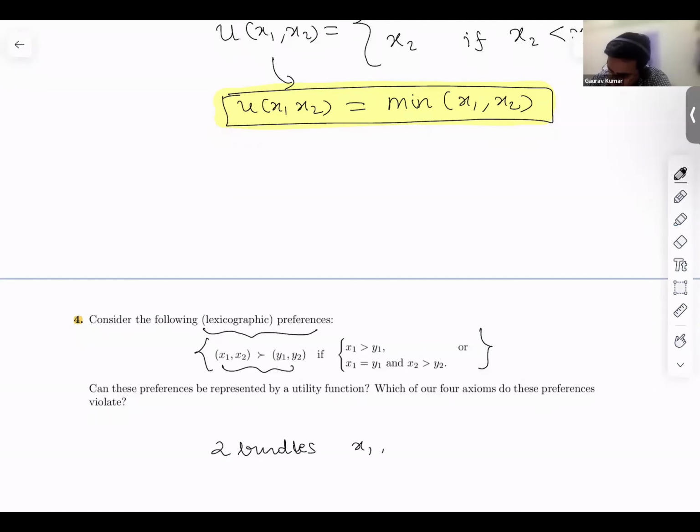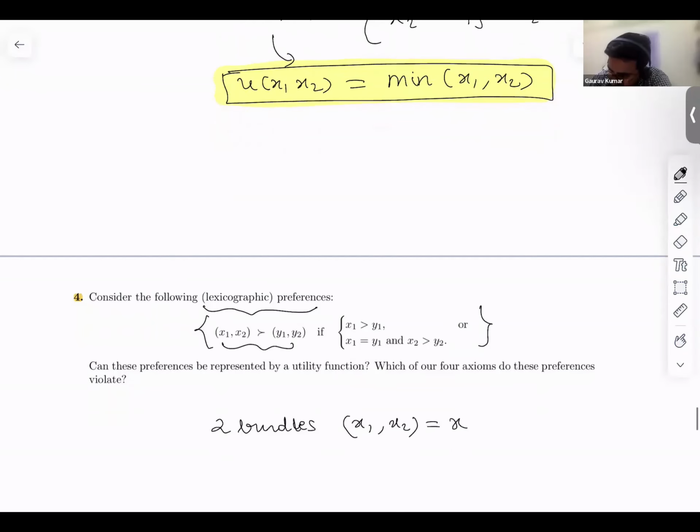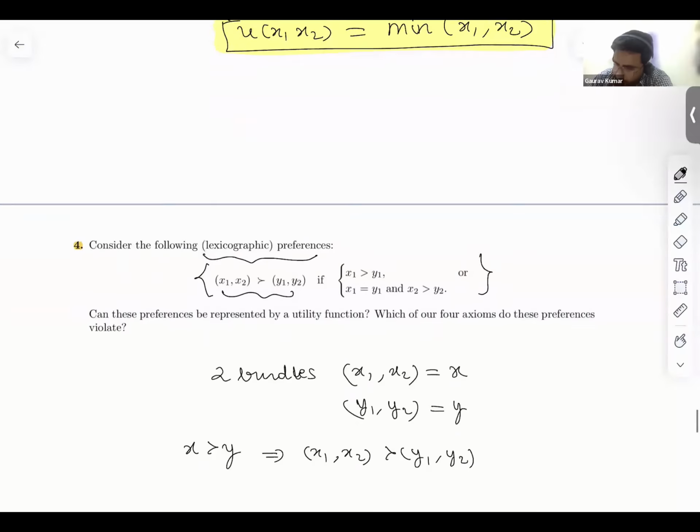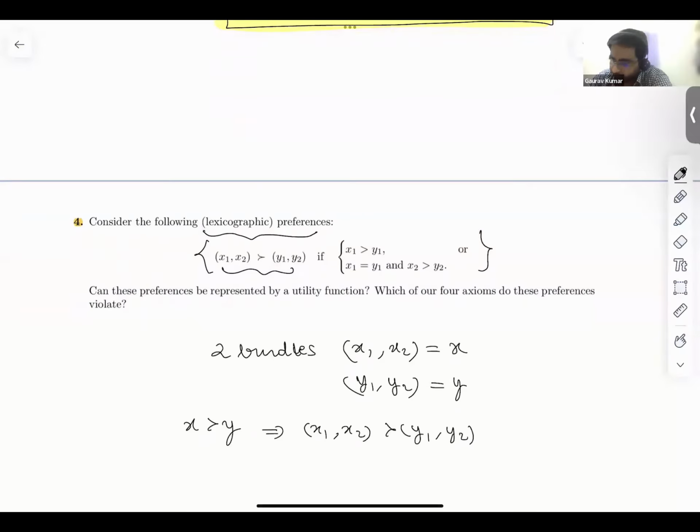There is one bundle X and some other bundle Y, and suppose you prefer X to Y. In a lexicographic preference, you compare the first arguments of the two bundles first.